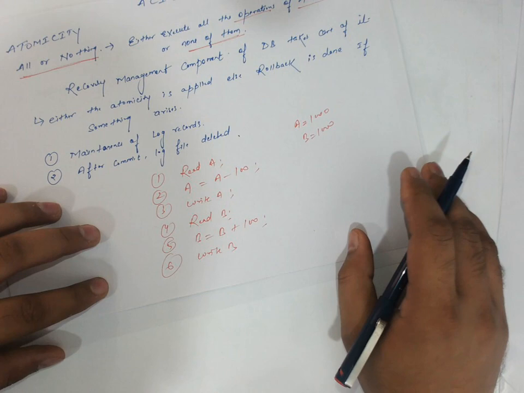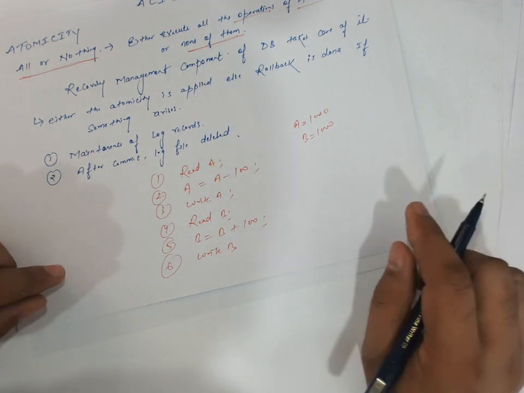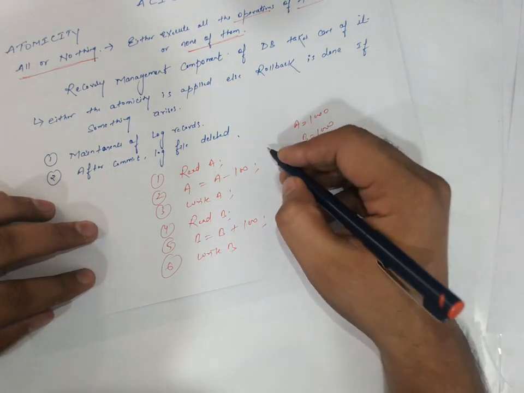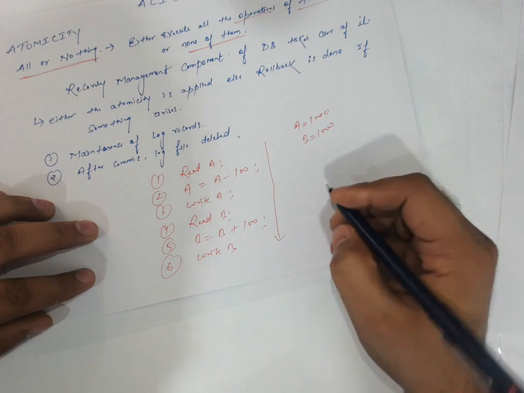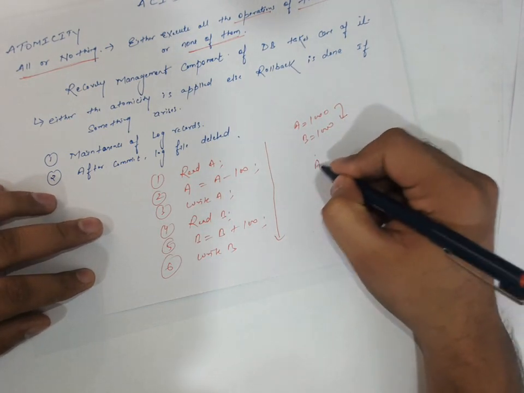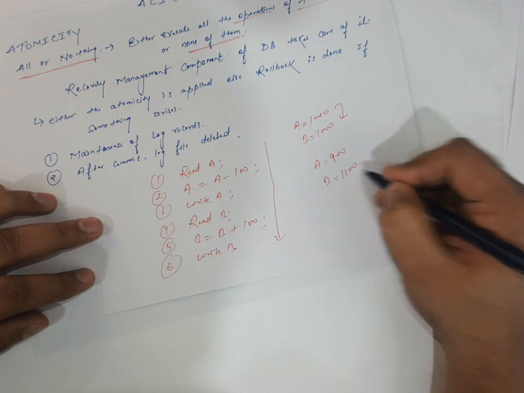If all the operations are executed successfully, then A is transferring 100 rupees to B, so A's amount will be 900 and B's amount will be 1100.